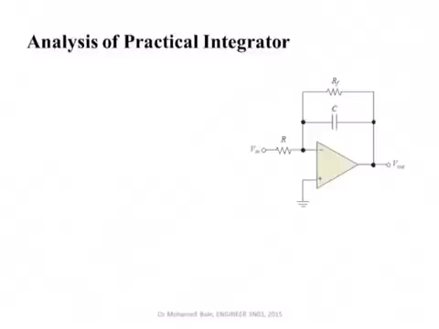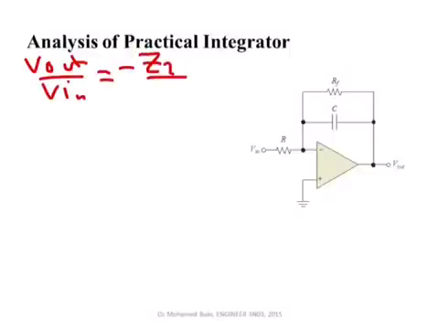Okay, so I intentionally redrew this circuit again with an empty space so that I can show you step by step how to do the analysis of this one, and this is very similar to one of the examples we had in the quiz. So this now is what I call Z2, and this is what I call Z1. So V out over Vn, it's an inverting amplifier, is equal to minus Z2 over Z1. What is Z2?